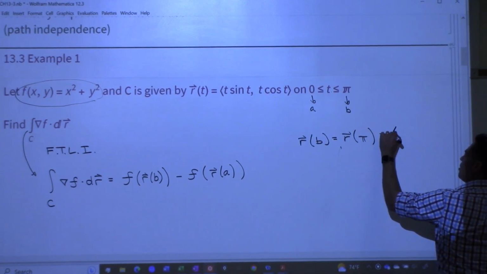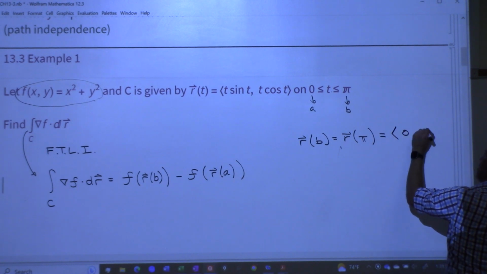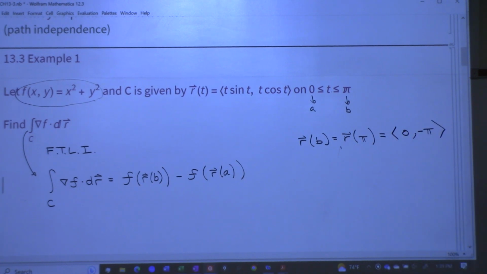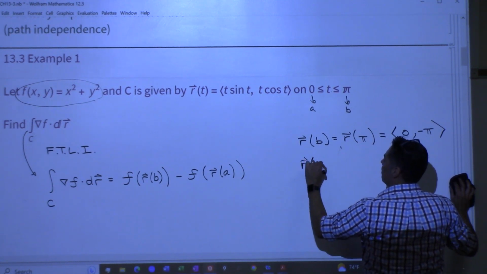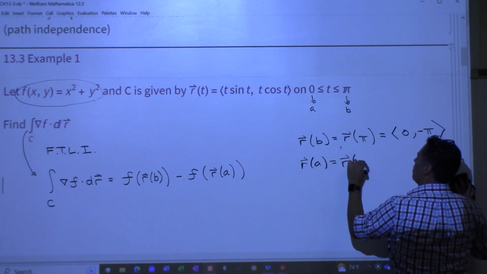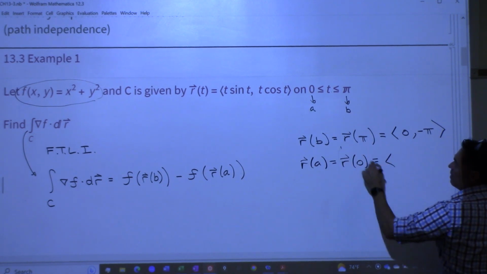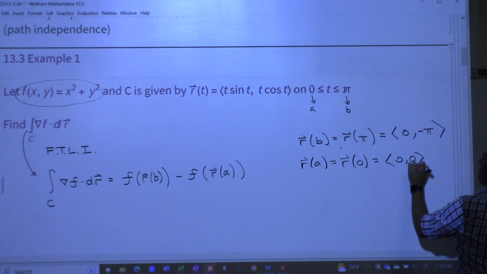So you get the vector 0, negative pi. Right? That's what I get when I plug in. Yeah? And now we plug in the starting point, which is r of 0. And that's easy to plug in, right? Because it just kills everything, 0, 0.